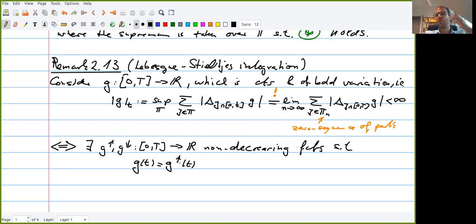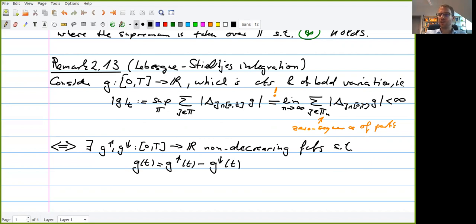So this g upwards collects, or represents, all the upwards movement of the path of the function g, and the g downwards collects all the downward movements.